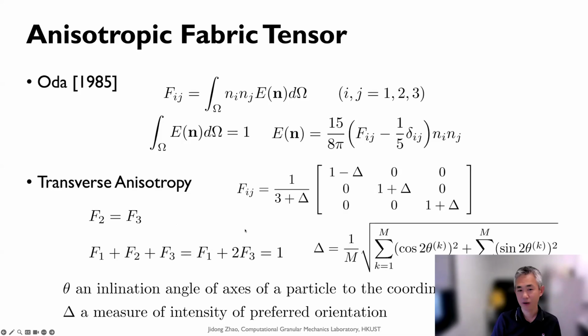Based on this second order tensor, we can define different invariants, first, second, and third invariants, and these are used quite a lot in anisotropic geometric representations of granular material.